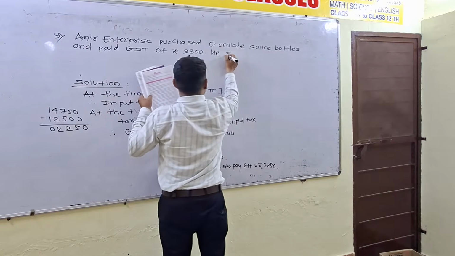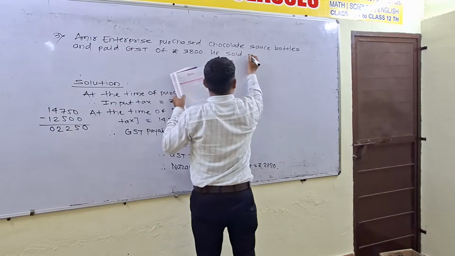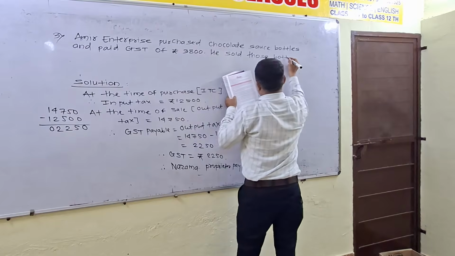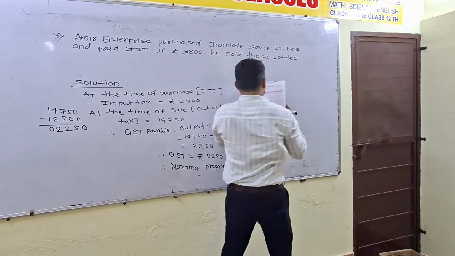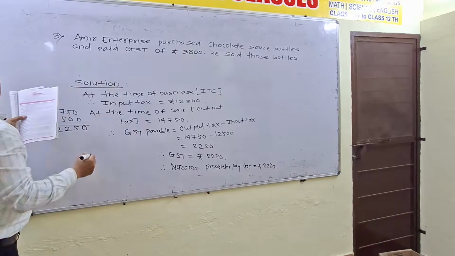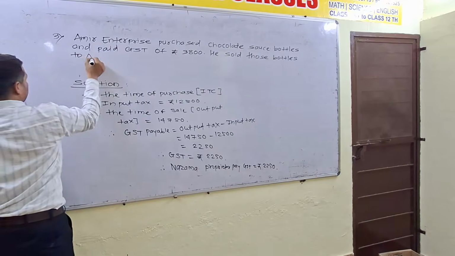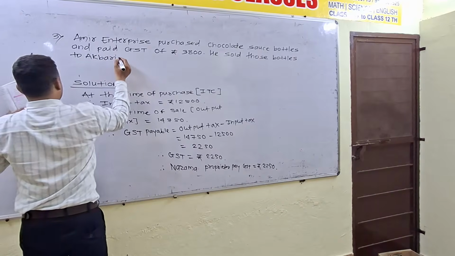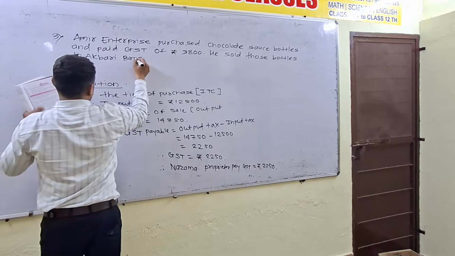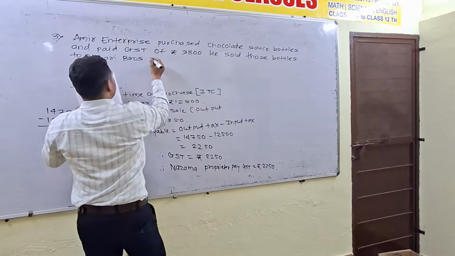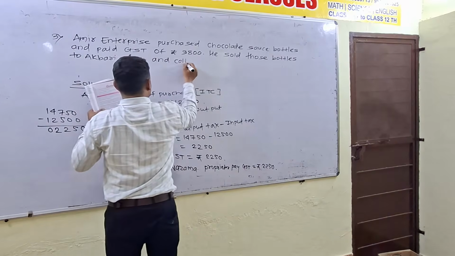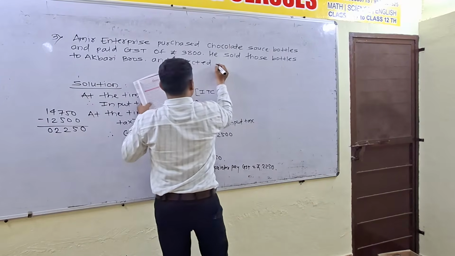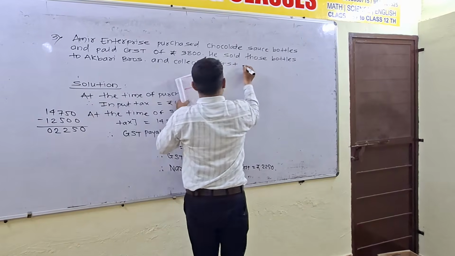He sold those bottles to Akbari Bros and collected GST of rupees 4,100.